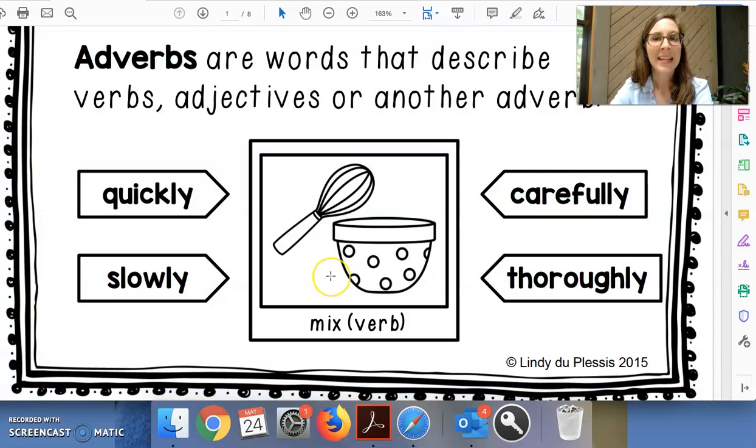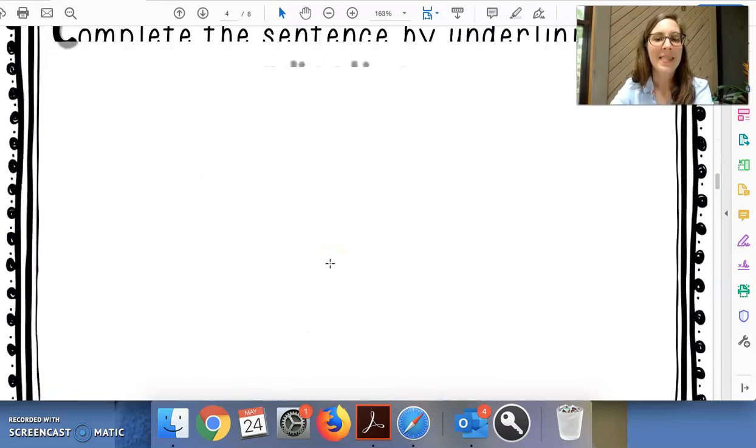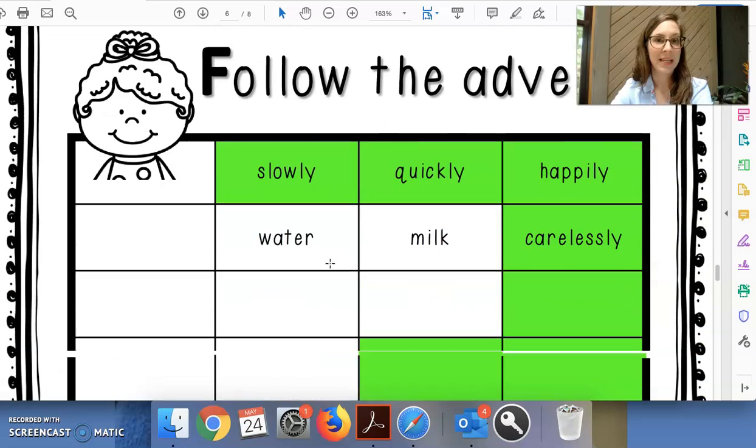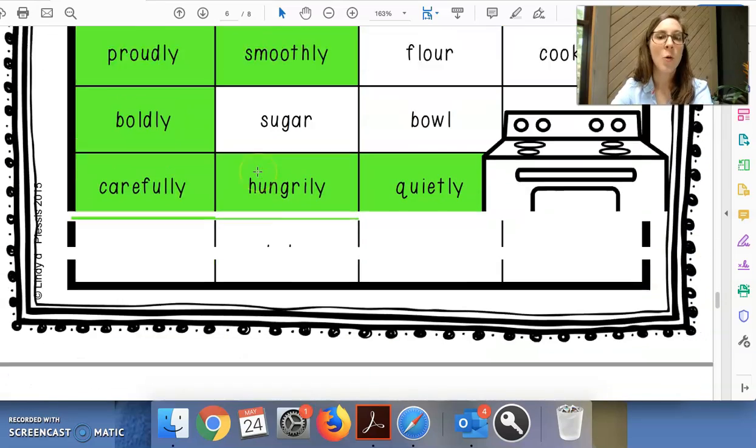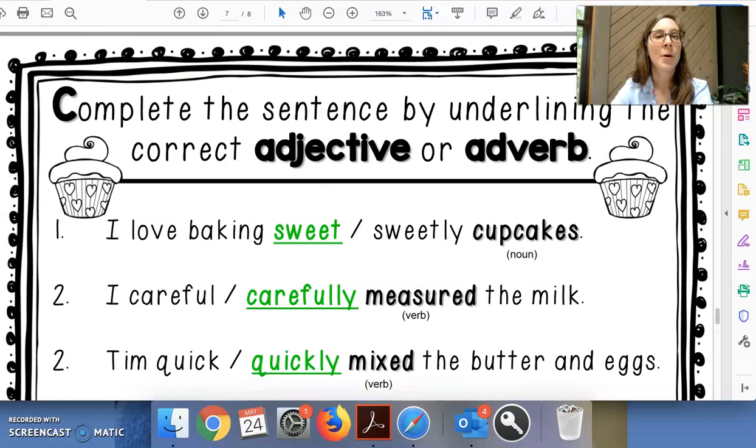So let's look at some different examples, and I'm going to show you some sentences that give you a choice between either an adjective or an adverb. And let's talk about how most of the time when the ly is added, it is the adverb. It's describing the action.